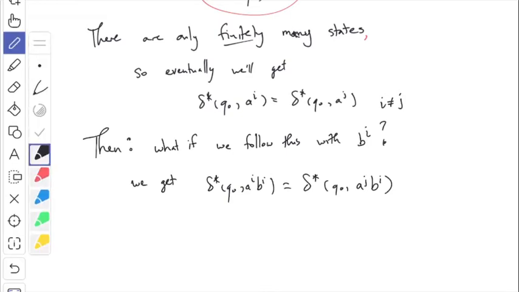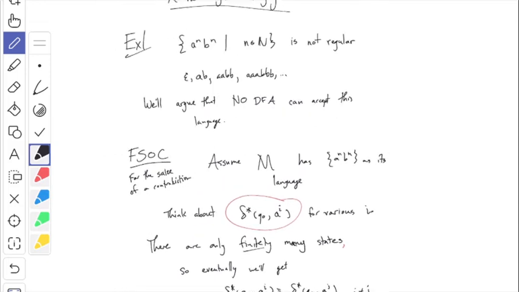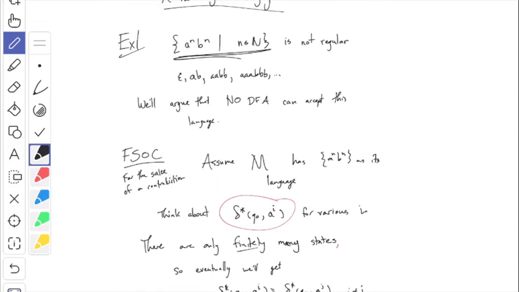What can you say now about these things? This one right here, check it out. Here's the contradiction immediately. I would like to look at either side of this and ask, is this accepted or not by this machine? On the left side, I have A^I B^I. Is that accepted? Remember the language was supposed to be A^N B^N, right? So if the powers are equal, it's accepted.